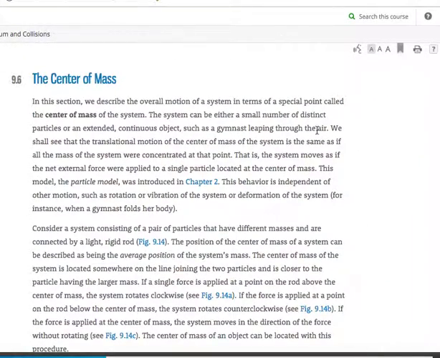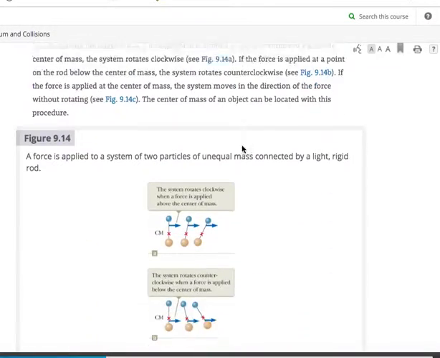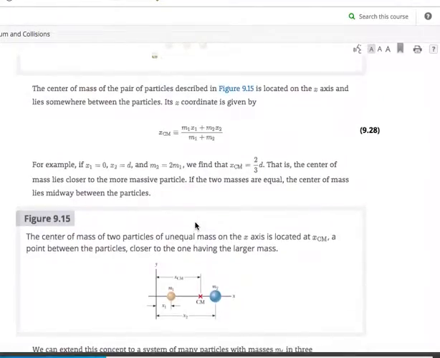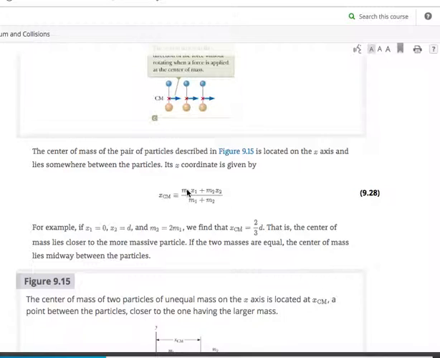All right, center of mass is where you would model the whole object applying its mass, if it's a system of a lot of different stuff. Center of mass, the algebraic formula: m1 x1 plus m2 x2 all over m1 plus m2.